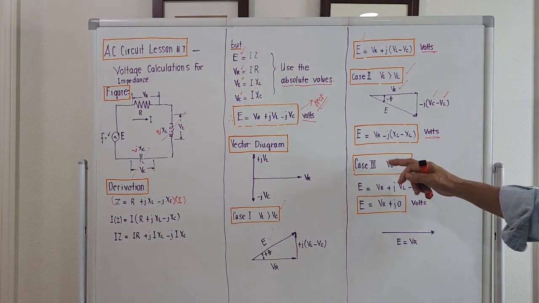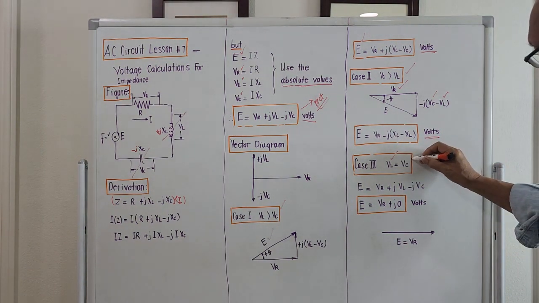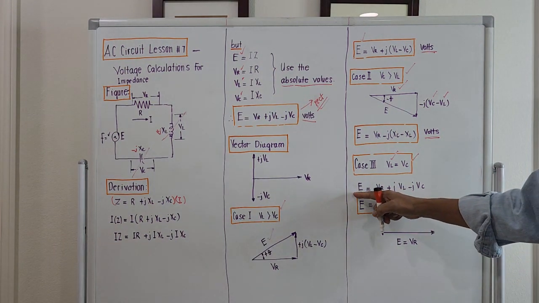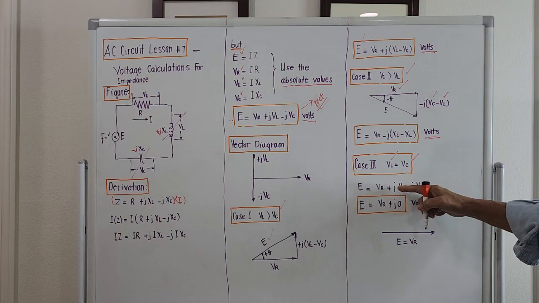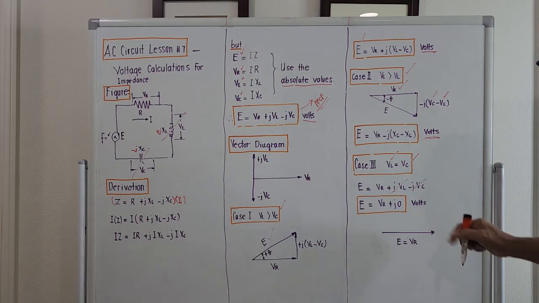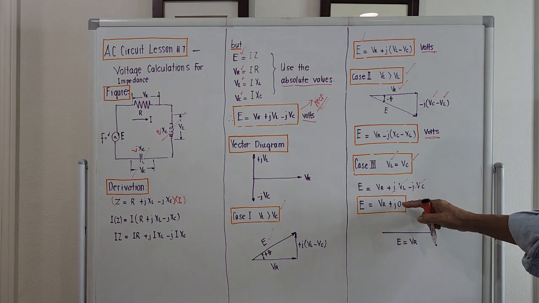So for case number 3, if V sub L is equal to V sub C, E originally is actually V sub R plus jV sub L minus jV sub C. But if they are equal, this will cancel out, meaning the imaginary part of the applied voltage will be 0.